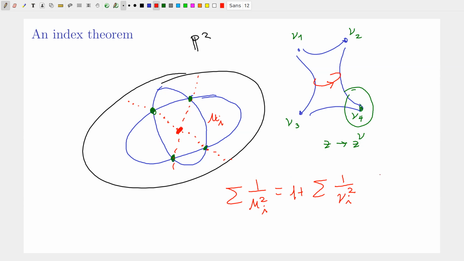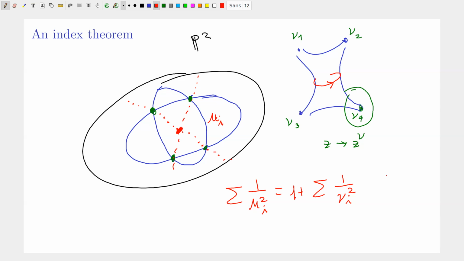Okay, so I will give a more general statement now, but this is what we mean. Oh, okay, I'm running out of time. So we have one global relation between some local data of our foliation.